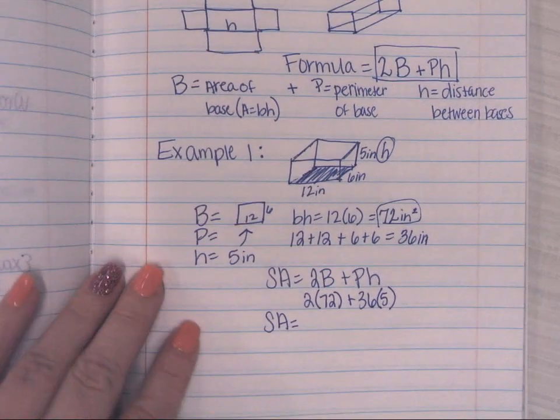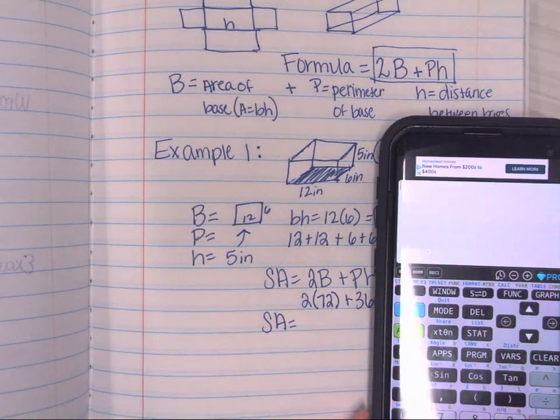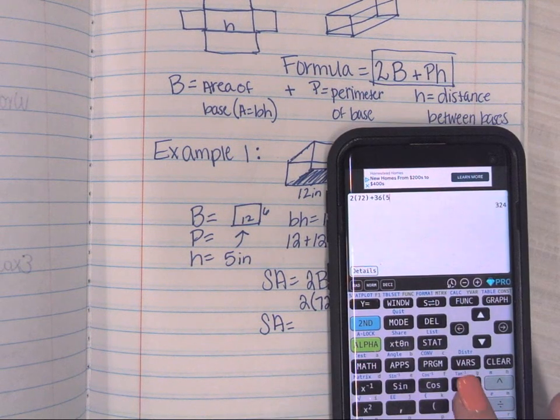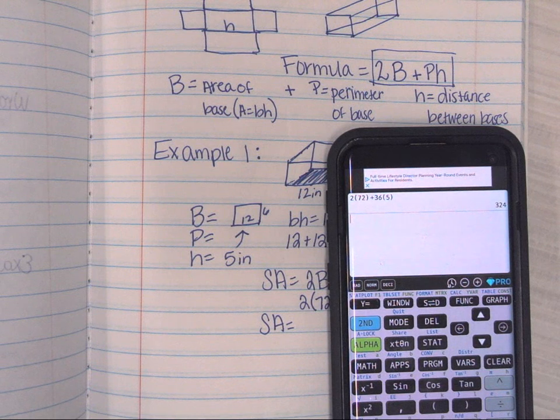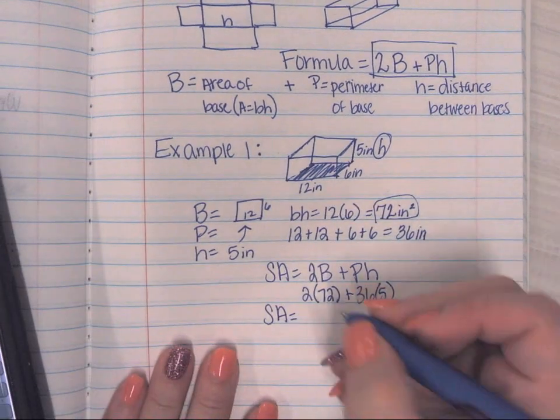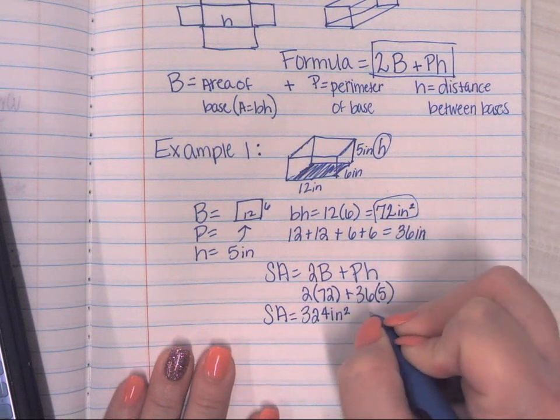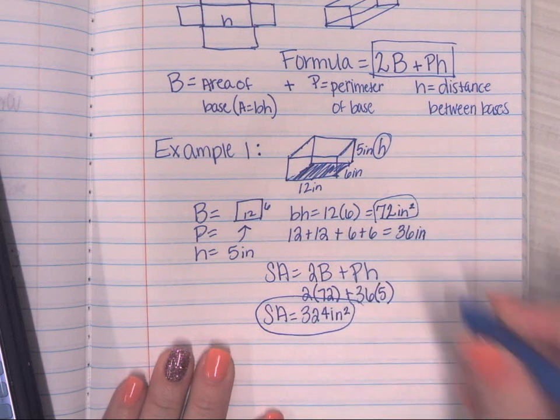Now I'm just going to type this into my calculator: 2 parentheses 72 plus 36 parentheses 5. And I get 324. 324 inches squared is my total surface area.